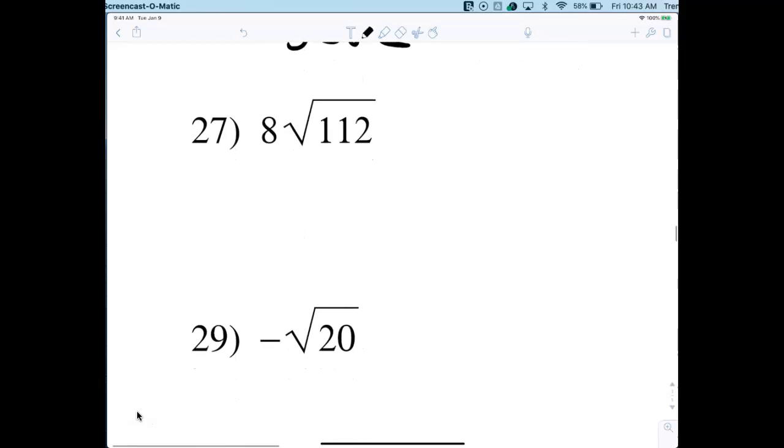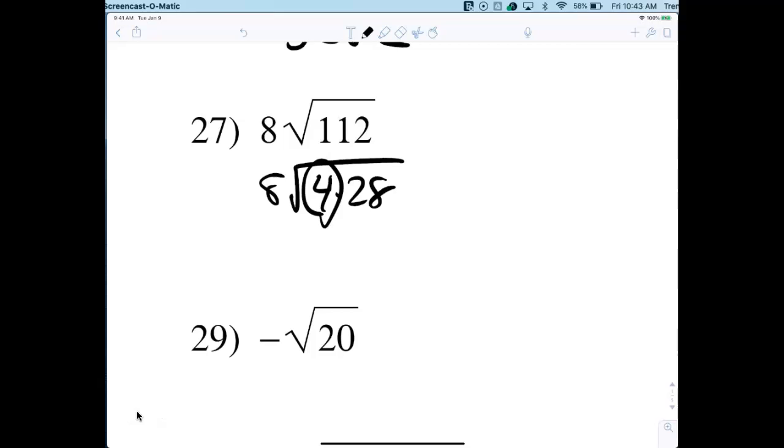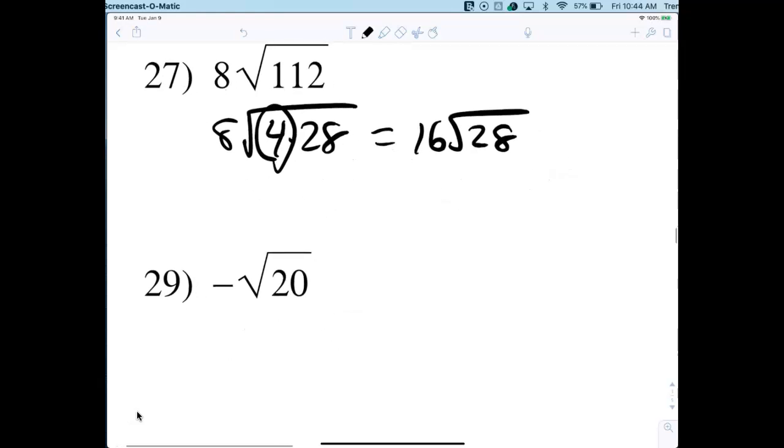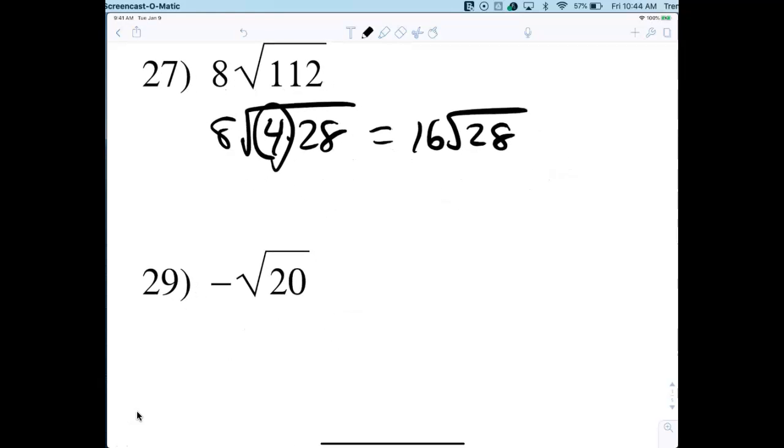All right. 112. I'm just going to divide it by 4. What's 112 divided by 4? 28. So now what's the square root of 4? So there's an 8. 16 radical, but 28 has a 7 and 4. Thank you. 16. 7 times 4.